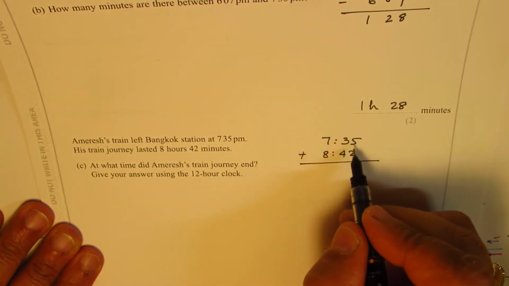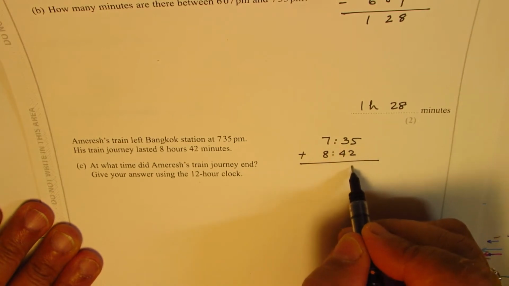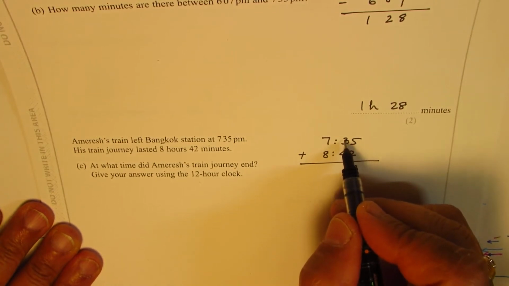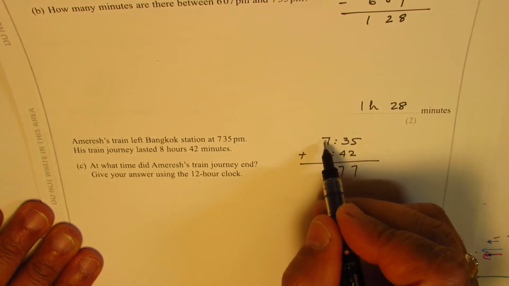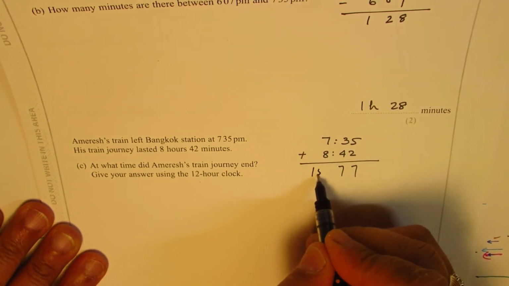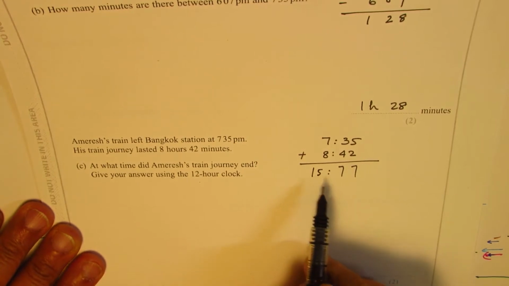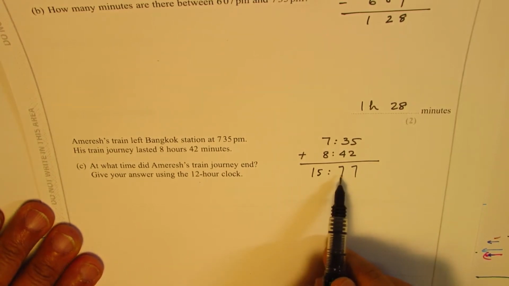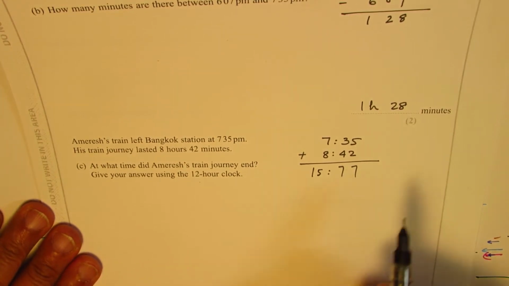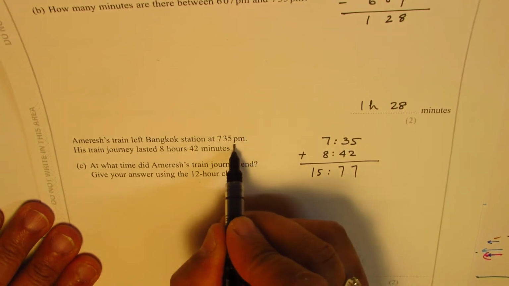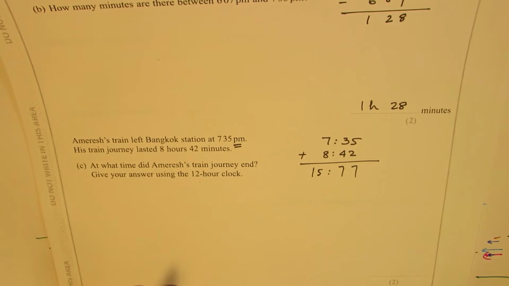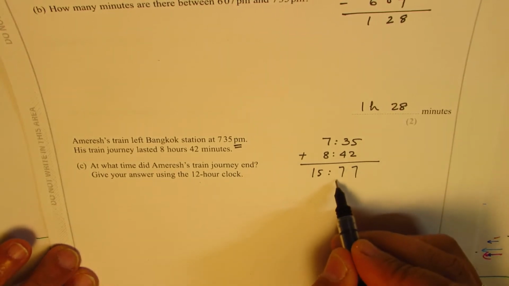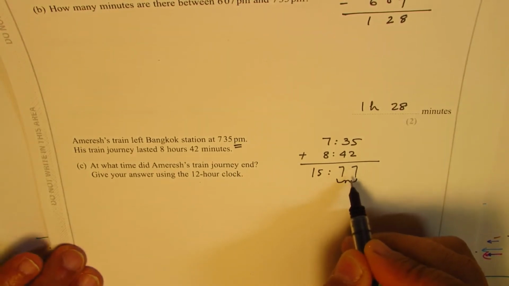So what we get here is 5 plus 2, 7. Then 35 and 42 give 77 minutes, and when we add 8 and 7, we get 15. So 15 hours, 77 minutes. Now it was PM, right? That means we have already crossed 12. Do you see that part, correct? Second, we have 77 minutes here.